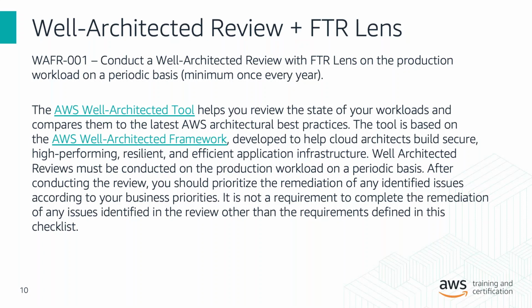The reason for this is we want you to gain the benefit of learning how to better architect your workloads so that they are more secure, resilient, and cost optimized. When you go through an FTR, the PSA will ask, when was the last time you did a well-architected review with an FTR Lens? We are looking for you to have completed one within the past 12 months.